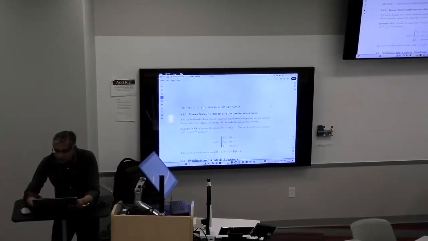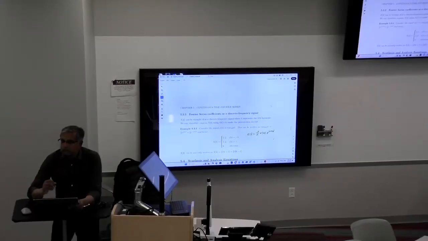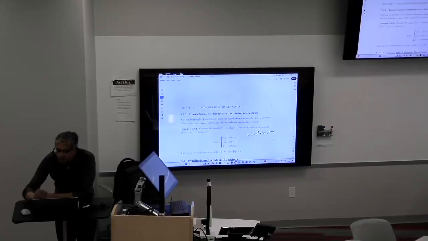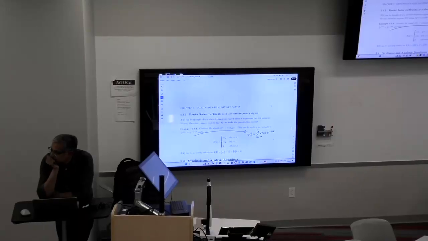So keep in mind that we want to write our x of t as x of k times e to the j k omega naught t. So if you match these two together, you notice that only two of those terms are non-zero, right? Because you have only two terms, half e to the j omega naught t and half e to the negative j omega naught t.